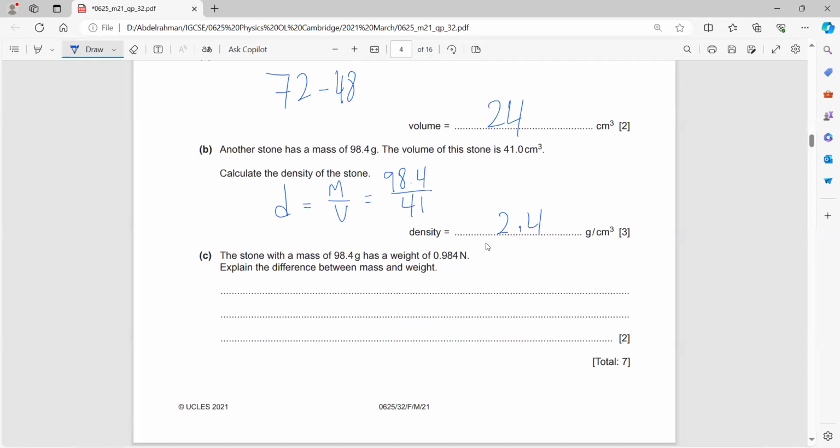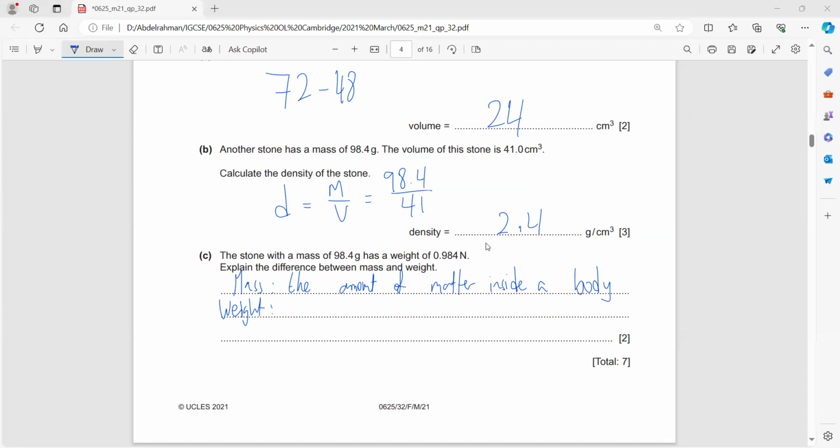The stone with a mass of 94 grams has a weight of 0.984 newtons. Explain the difference between mass and weight. Mass is the amount of matter inside the body. Weight is the amount of force exerted on the floor.